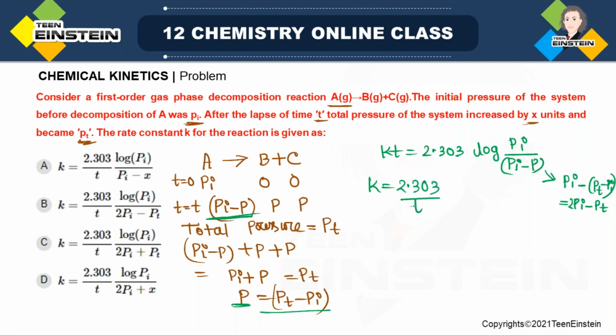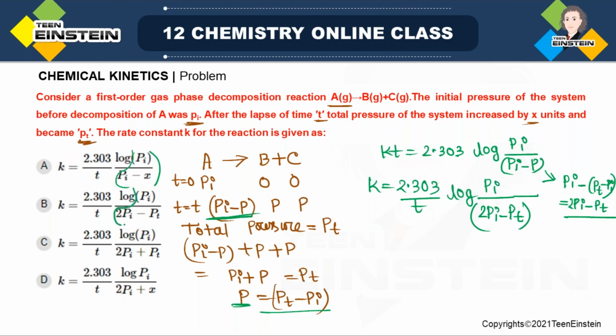2.303 divided by t, log Pi, and now in the denominator we will write this one. So tell me, it is matching with which option? Which option is correct? Here the options are not given properly. It is actually like this.